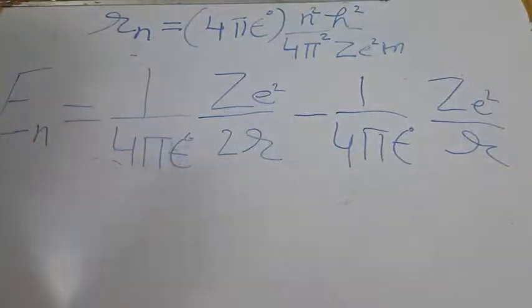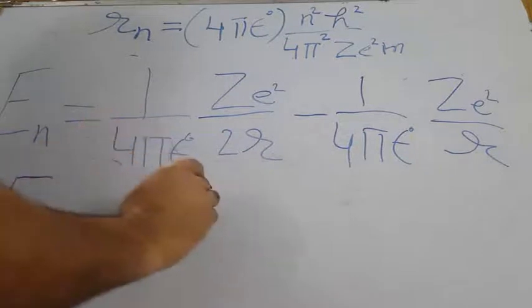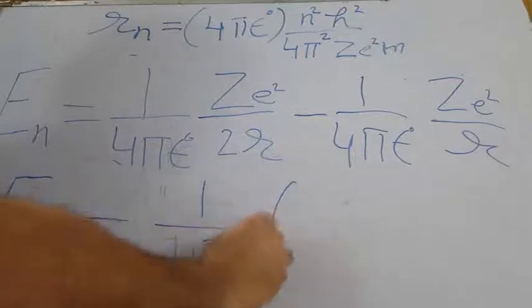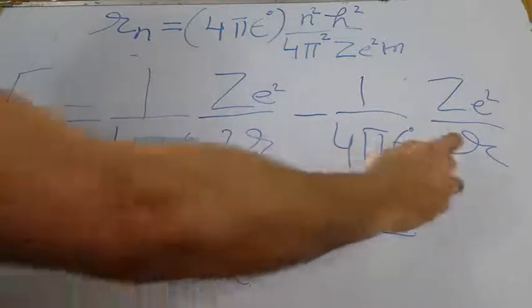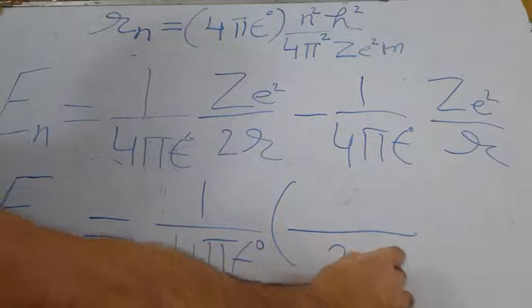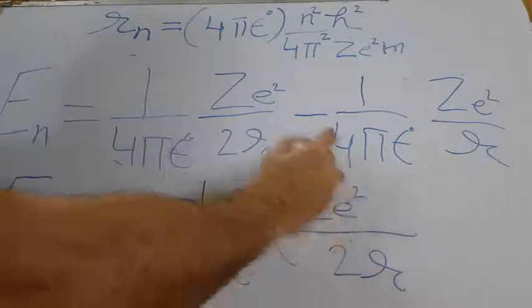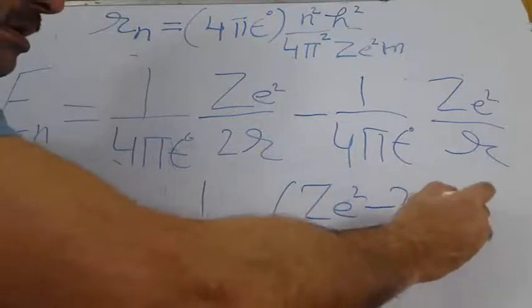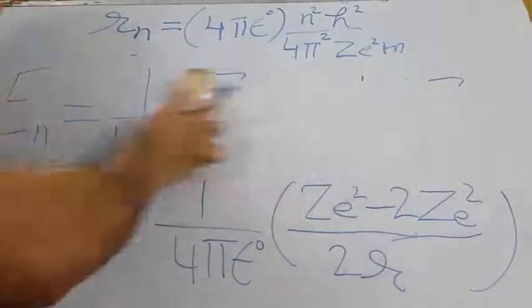Let us simplify this equation further. Then En comes out to be, taking common 1 upon 4 pi epsilon 0, here 2r, therefore it will be 2r here, and this is Ze square minus 2Ze square. Let us further simplify this.